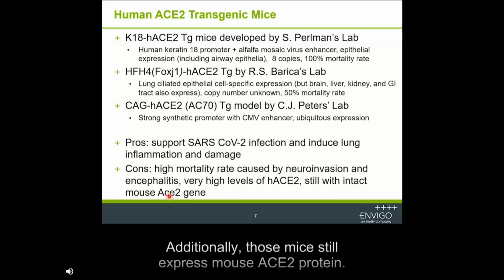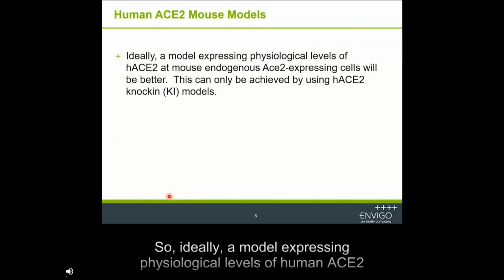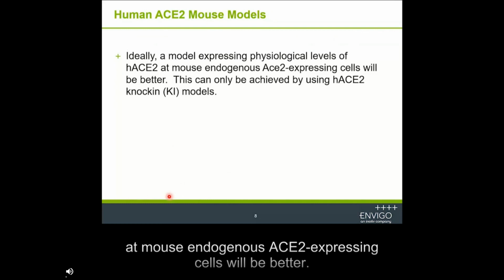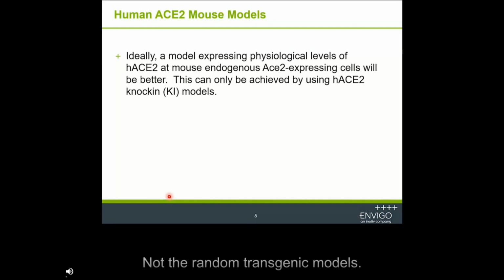Additionally, those mice still express mouse ACE2 protein. So ideally, a model expressing physiological level of human ACE2 at mouse endogenous ACE2 expression cell will be better. This can only be achieved by using a human ACE2 knockin model, not the random transgenic model.